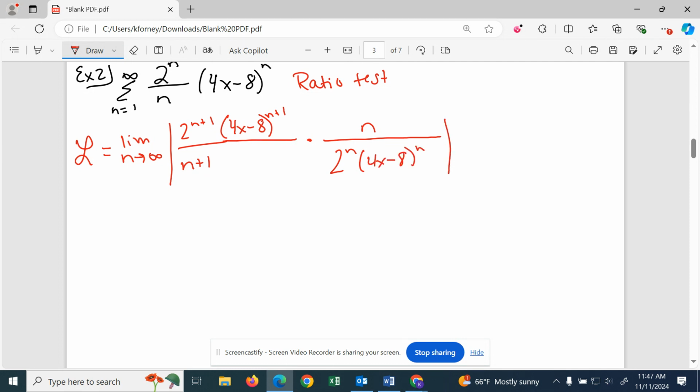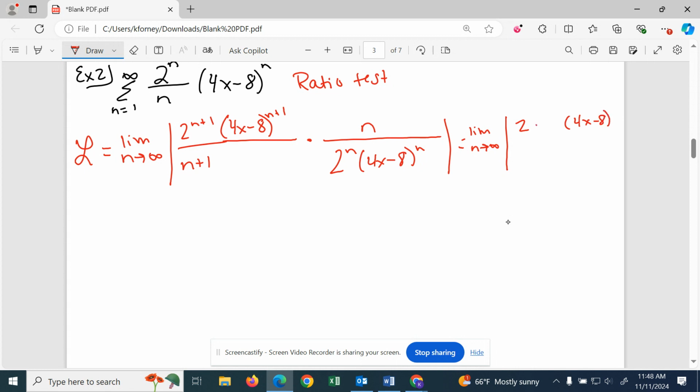Okay, so now before we do anything else, like taking away absolute value, we do want to simplify. So the two n's will cancel, and that would leave me with a 2 in my numerator. Also, looking at my numerator, the 4x minus 8 to the n will cancel, and I would just be left with a 4x minus 8.